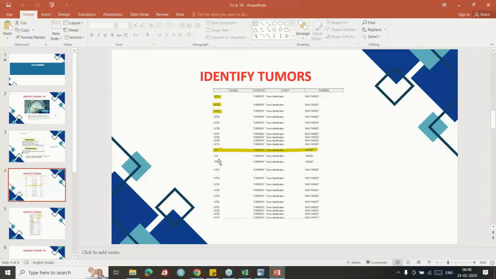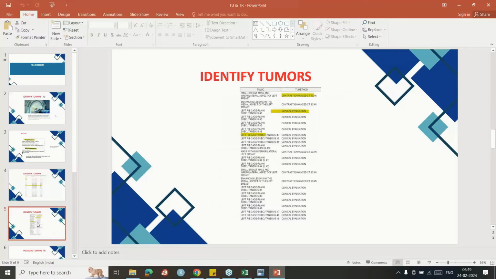If it is a non-targeted lesion, we are giving NT1, NT02, NT03, like that. We have to identify and give the number in a variable called TU link ID. So there are two types of lesions, targeted and non-targeted. Non-targeted lesions we number like NT1, and targeted lesions we number T1, T2, T3 like that.